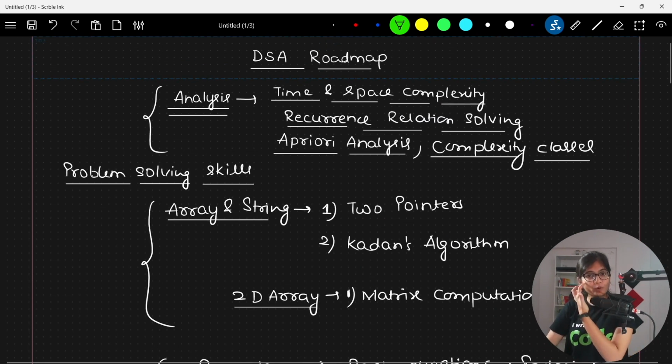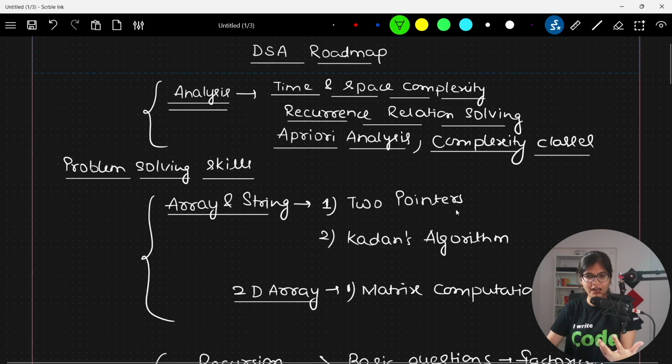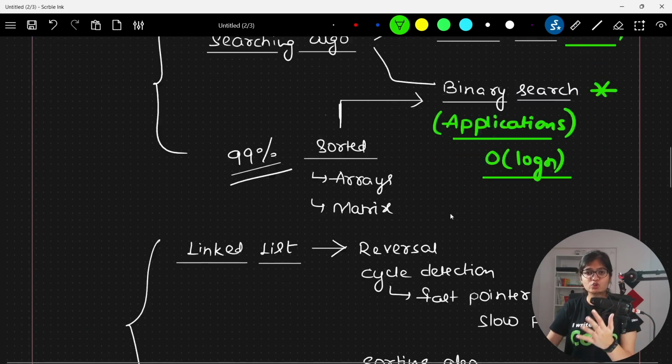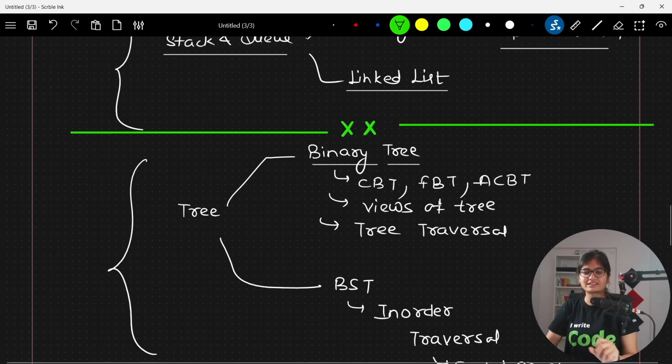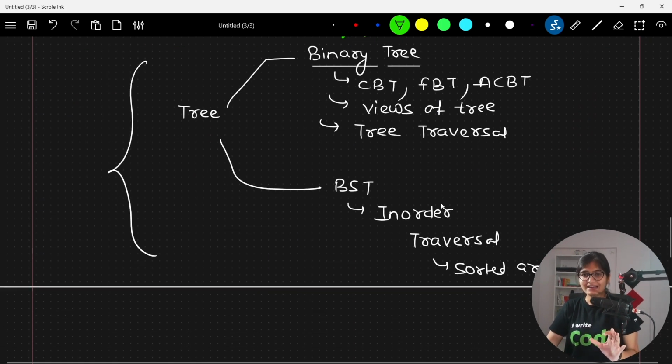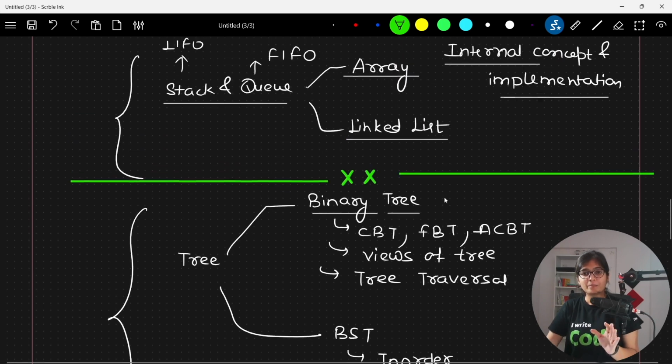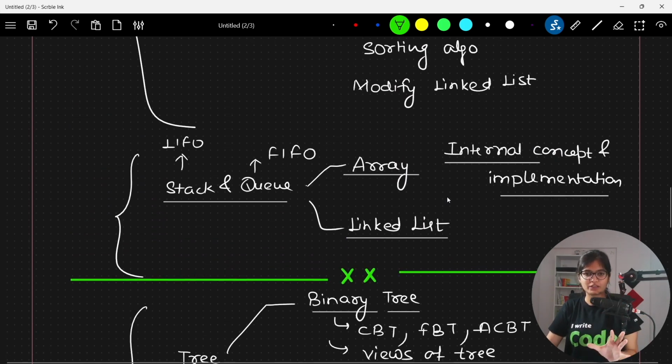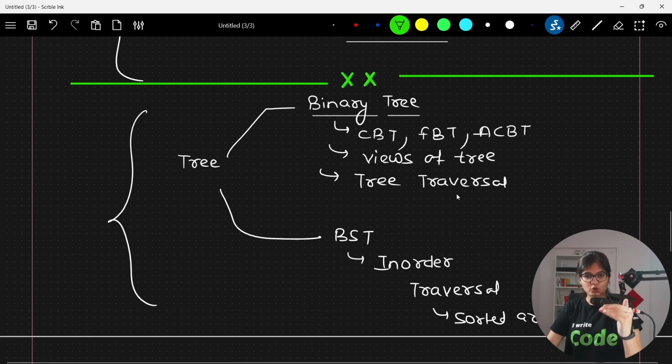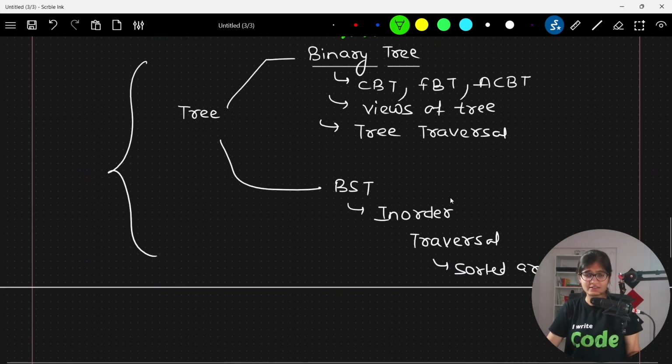Now, if suppose your target is to crack a tier 2 or tier 3 company, I think you will easily be able to crack it if you know these things also. Yes, companies might ask other concepts which I will write below, but at least start from there and complete until the stack and queue part. After that, go for this tree-based data structure. Don't start directly with the trees.